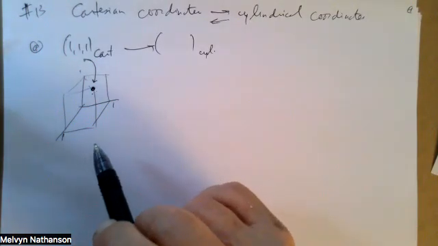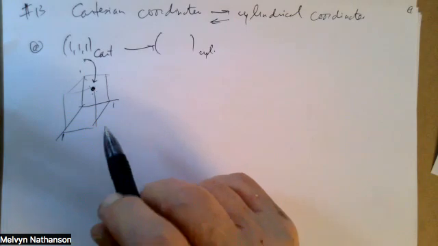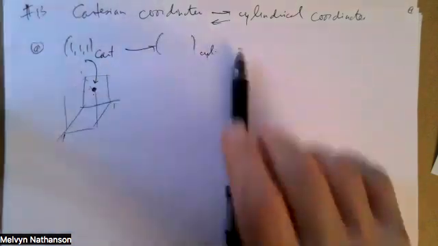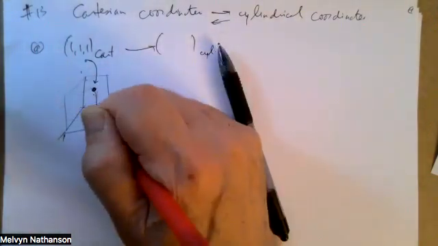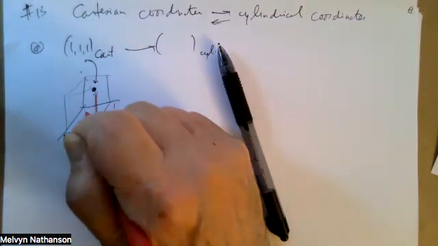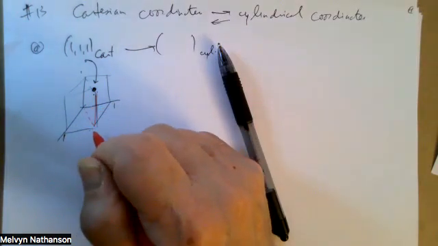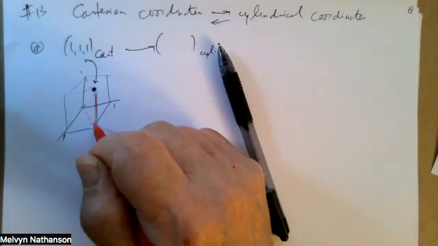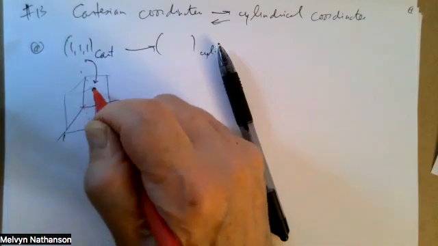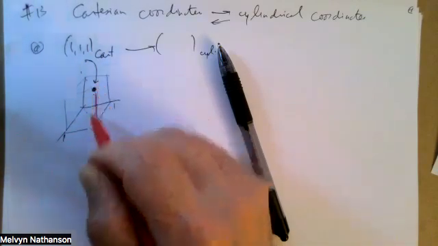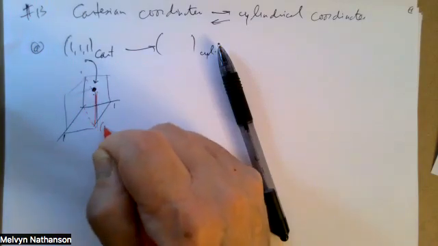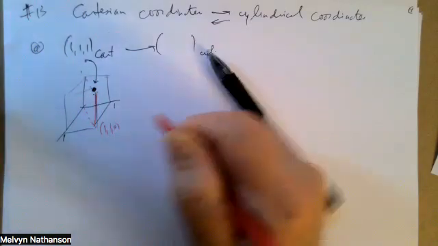So to find the cylindrical coordinates, I need to drop the perpendicular to the xy plane and find the polar coordinates of this point. Now, when I drop this point 1, 1, 1 into the xy plane, that has coordinates 1, 1, 0.